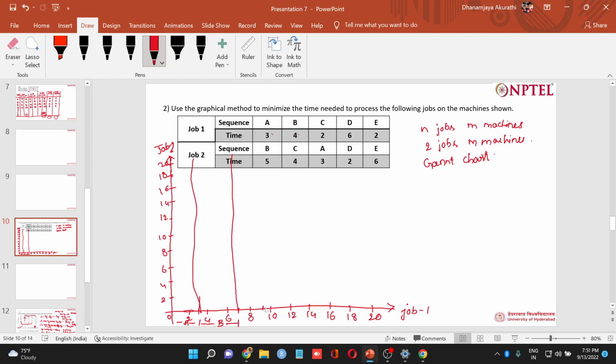So to do job 1 on machine C is 2 plus 7, 9 hours.